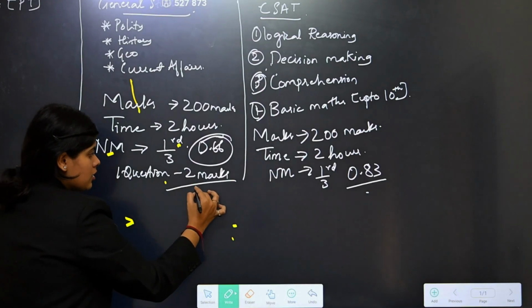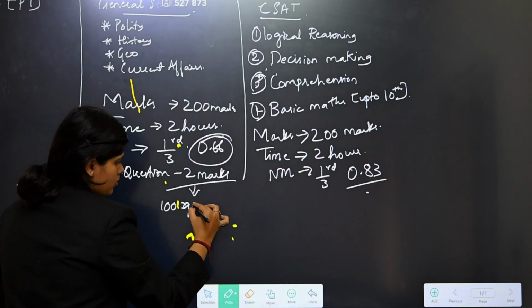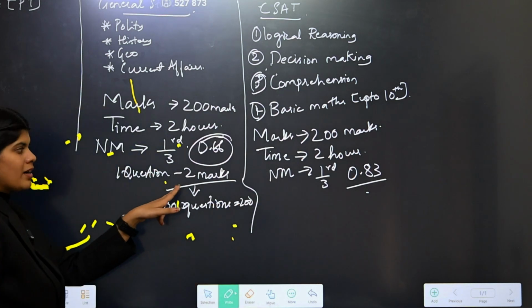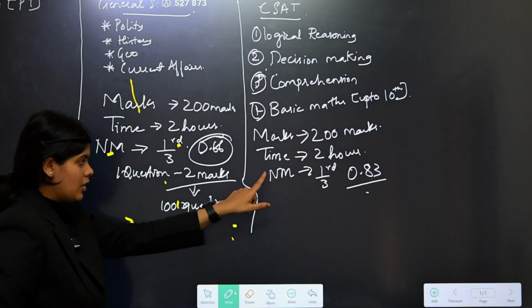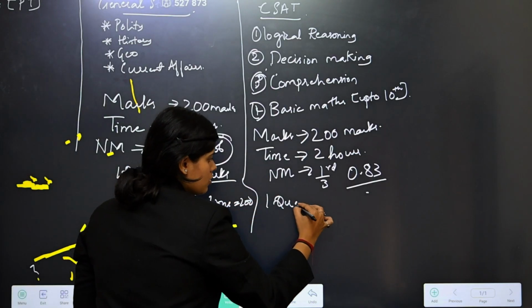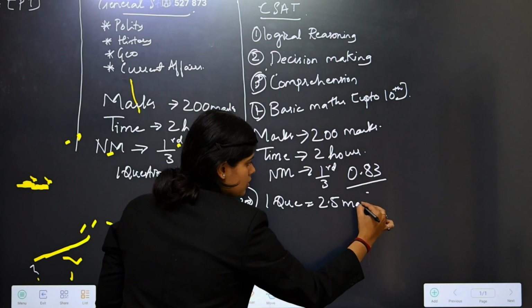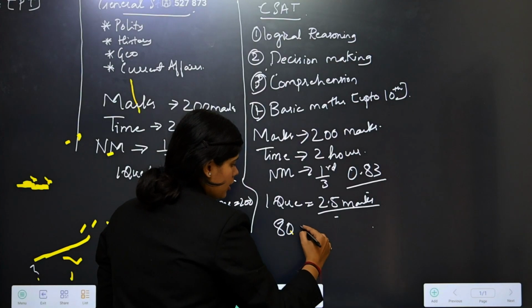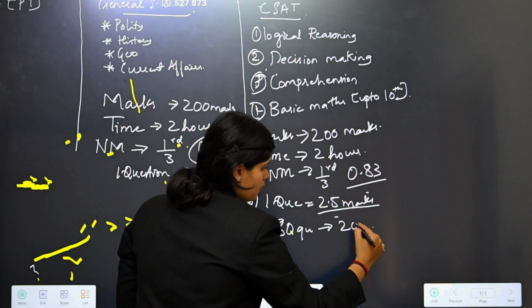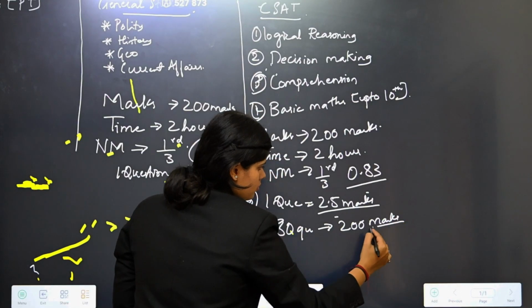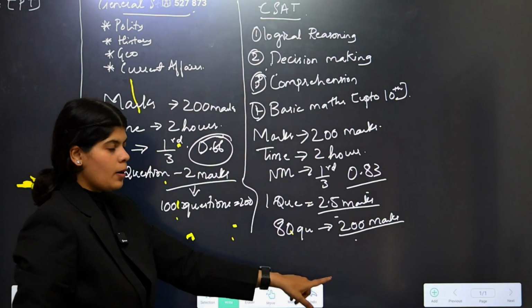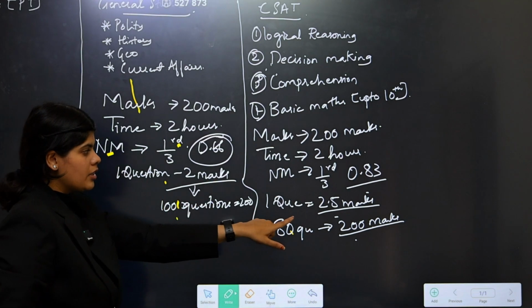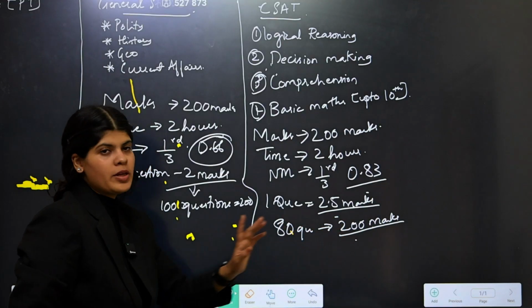Per question contains 2 marks, 100 questions, which is 200 marks. Here one question is 2.5 marks, you will have 80 questions, which is 200 marks. So this is your pattern of the paper.